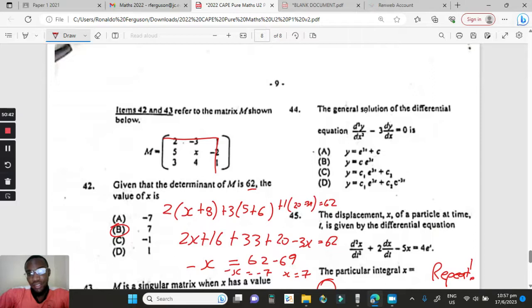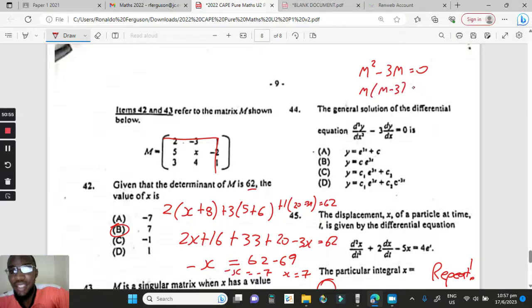And 44, general solution. The first thing now, put this as m squared minus 3m equals 0. m in bracket, m minus 3 equals 0. So I get m equals 0 or m equals 3. So from that now, a general solution is y equals a e to the 0 x plus b e to the 3x.